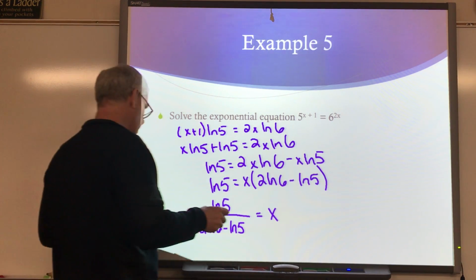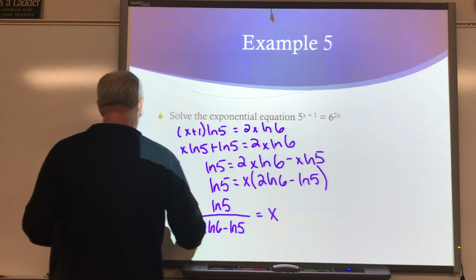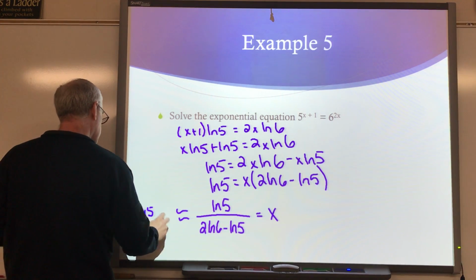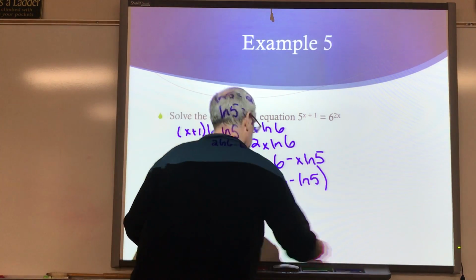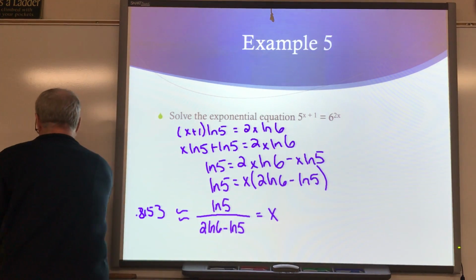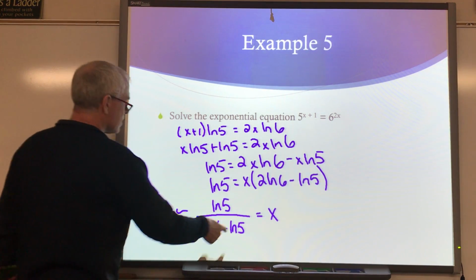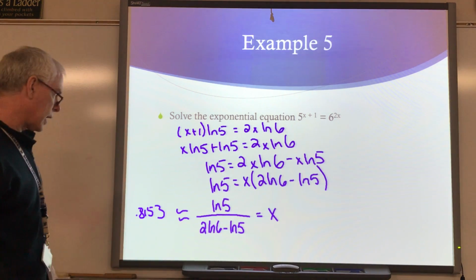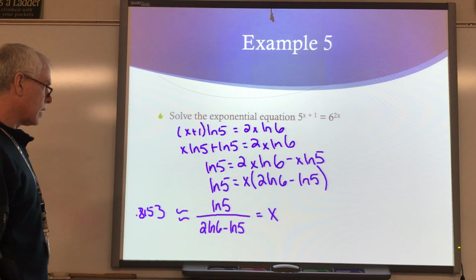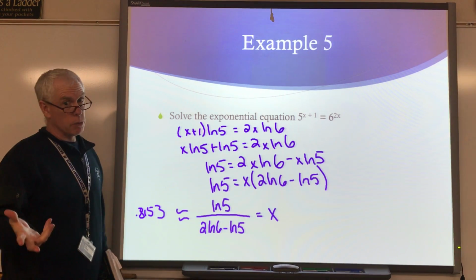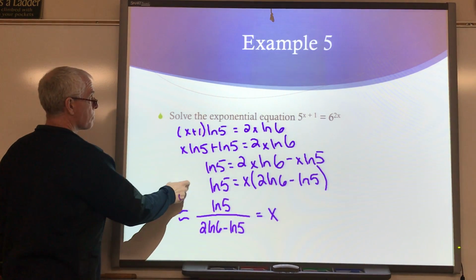Okay, I get 0.8153. Let's just double check that. Yeah, the book gets the same thing. This is a little different than what the book has. They rewrite it a little bit differently. I like this version a little bit better, but if you have what the book has, it's equivalent, so you're okay.